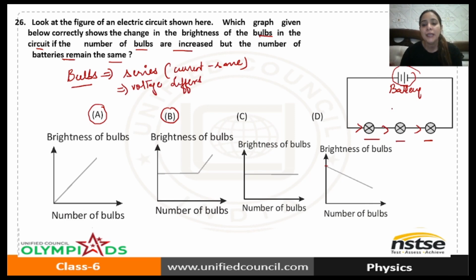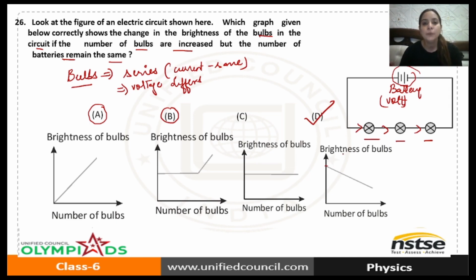Now the battery of the same volt is being used for more number of bulbs. So when the same battery is used for more number of bulbs, obviously the brightness of the bulbs will not increase, rather it will decrease. So out of A, B, C, D, D is the right answer. Whenever the same voltage battery is supplying current to all the bulbs which are connected in series, the voltage will differ.